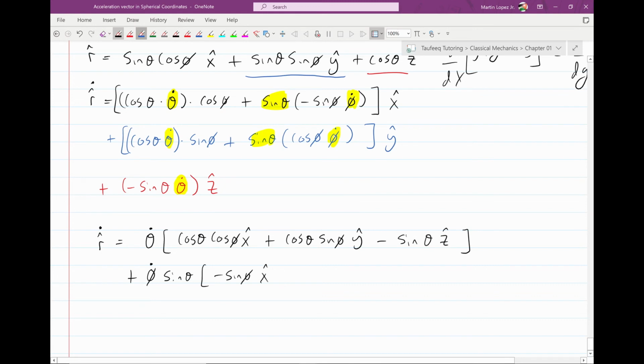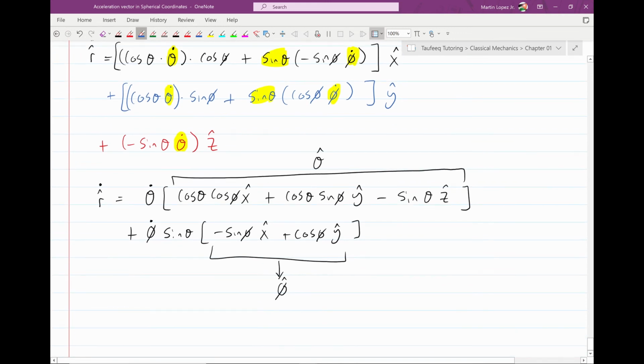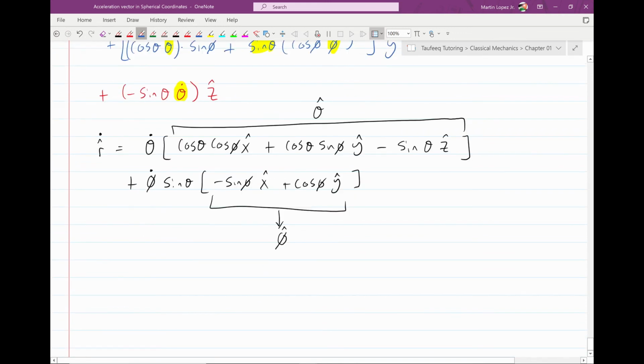So what are we left with? We're left with negative sine phi x hat plus cosine phi y hat. Now this is great, again, because this is just phi hat, if we look, and this is just theta hat. Beautiful.